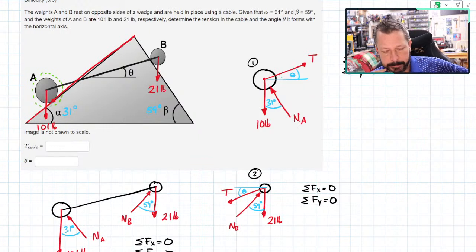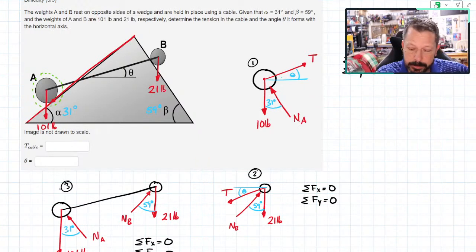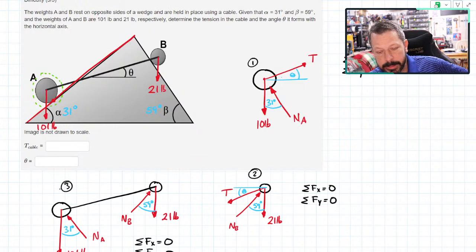So you could do that and solve for NA and NB, and then take those values to free body diagrams 1 and 2, and once you know NA in free body diagram 1, you can calculate T and theta, and you've got everything. I think this one is an exercise in recognizing that free body diagrams can be individual objects or groups of objects or partial objects.